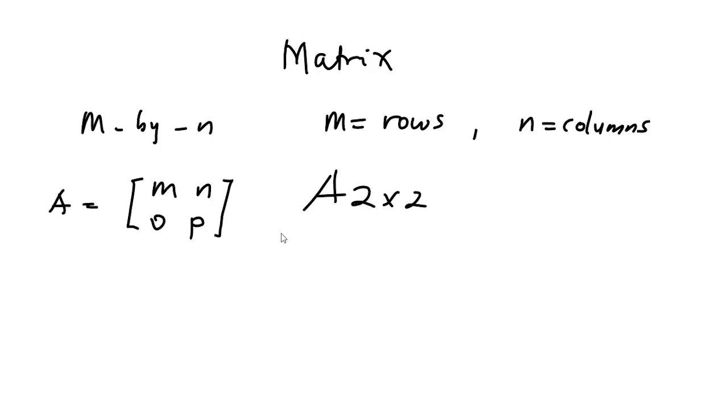Can we talk about other ones too? Okay, but before that, let's talk about this example here. The first row has elements m and n. So this is the first row. The second row has elements o and p.